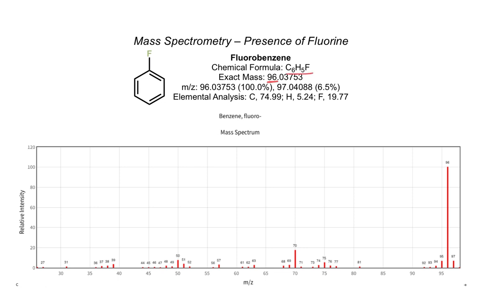Notice the mass is even, 96. There's really nothing unique about a mass spec when it contains fluorine. So it's hard to infer that it's there. But there are other instrumental techniques that will allow us to determine if it is. So fluorine's a little bit ambiguous at this point.